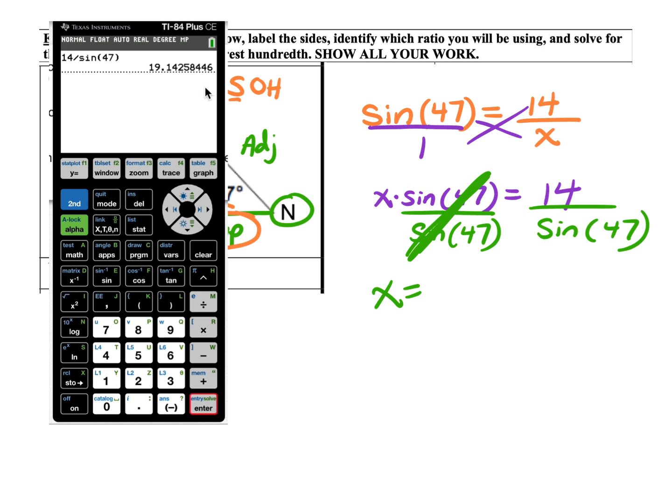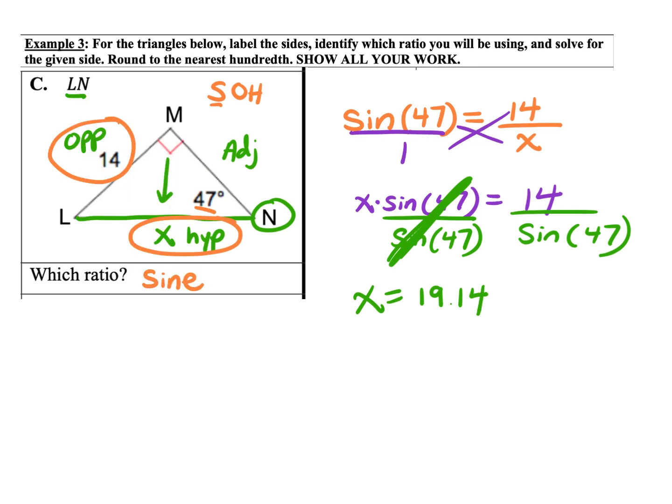We'll round it to the nearest hundredth, 2 decimal places. So that 2 in the third spot makes it round down, so we'll keep it as 19.14. And then now for my final answer, I'm just going to go back to calling the side ln, the one we were asked to find, and ln is 19.14.